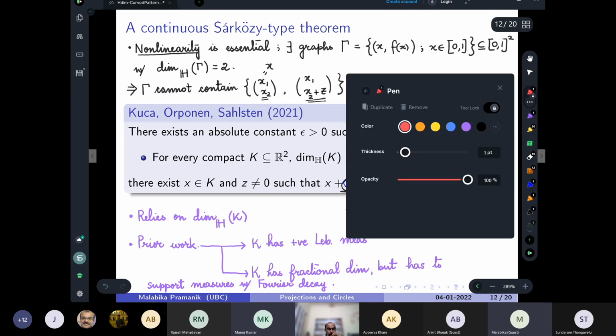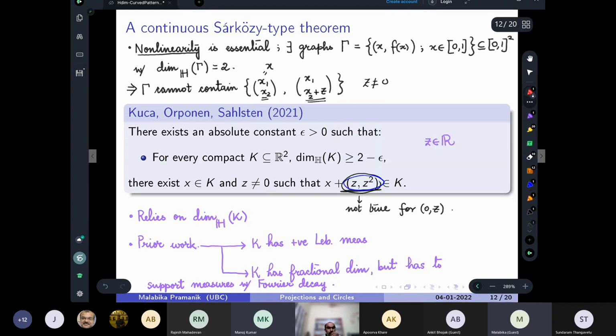They conjectured this themselves. Their conjecture is that this epsilon should be 1/2. But the epsilon from their proof is much smaller. Okay. So if you're writing something, I could not see it.